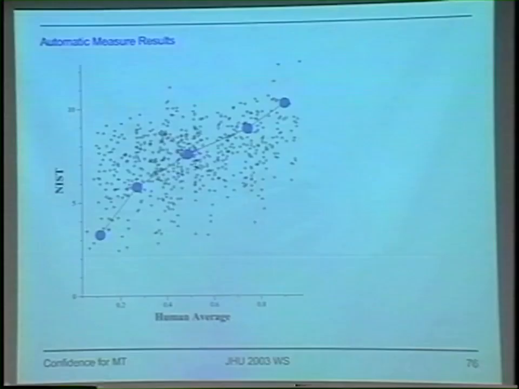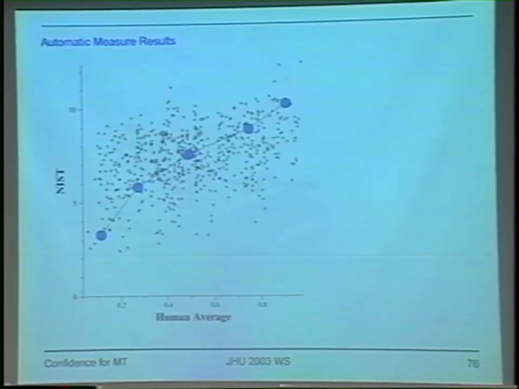And finally, I just wanted to show you one scatter plot. So first of all, these are the raw data points, the human average versus NIST. And these big blue dots you see are the averages of these 5 bins that I talked about. So the idea is that if you average over large numbers of sentences, you do get this actually very reasonable correlation.